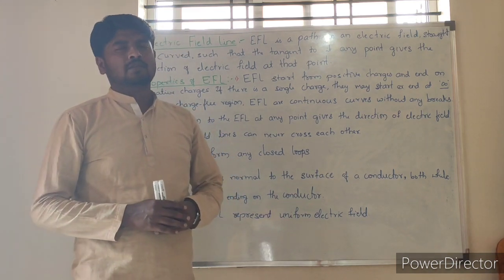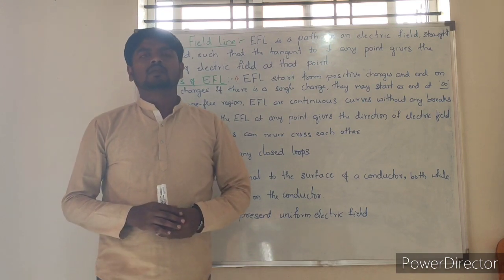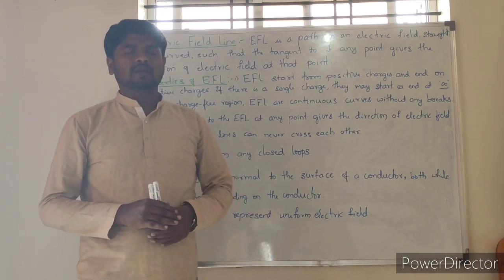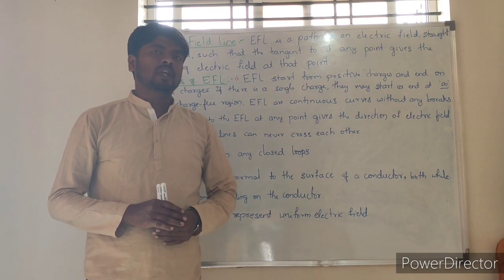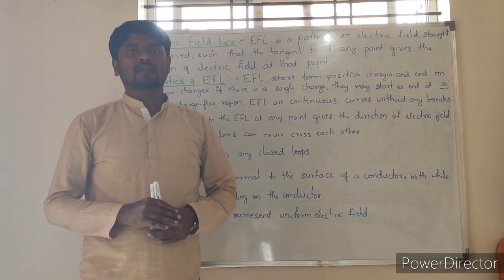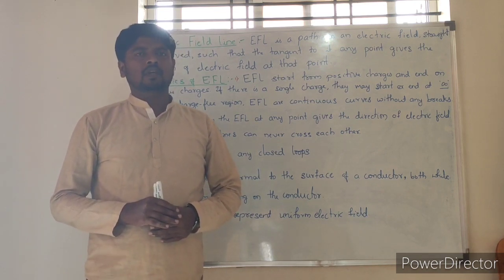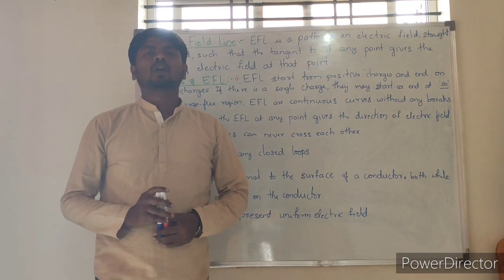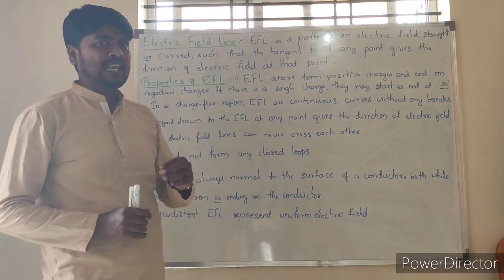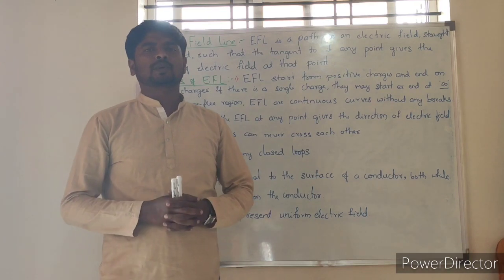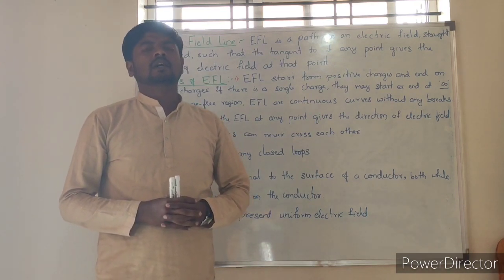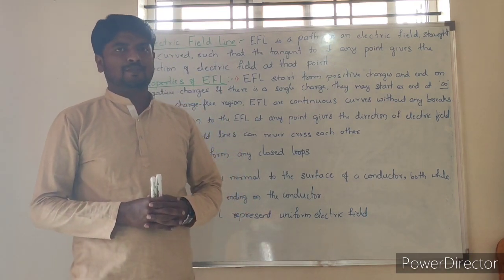For this question, the answer was developed by Michael Faraday in a non-mathematical way to visualize the electric field. He used a non-mathematical way called electric field lines to represent the electric field.